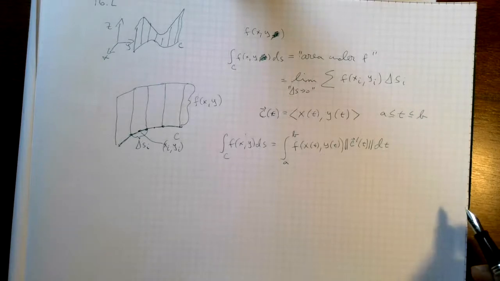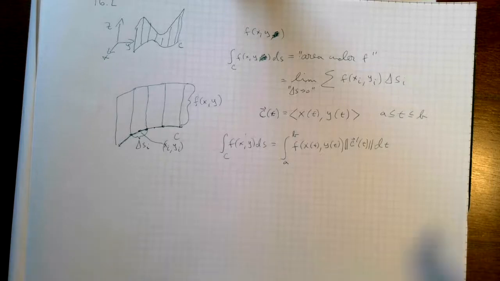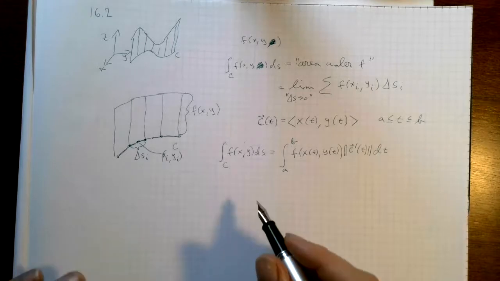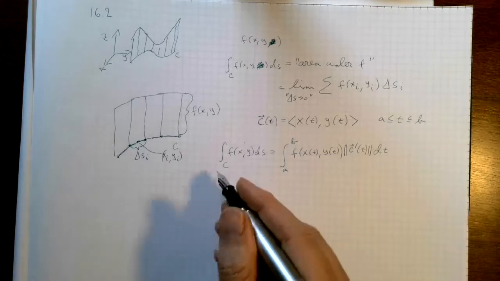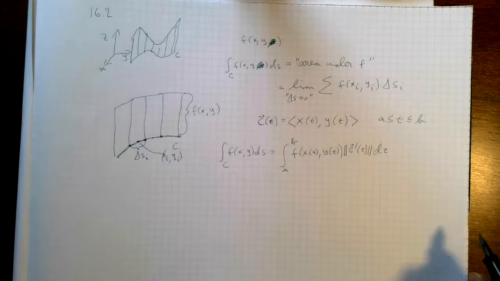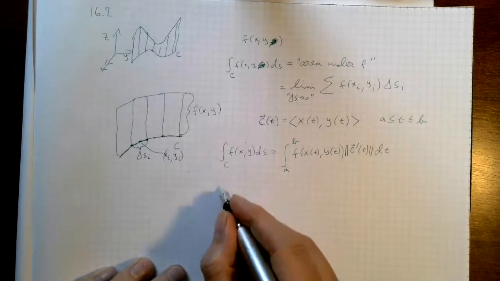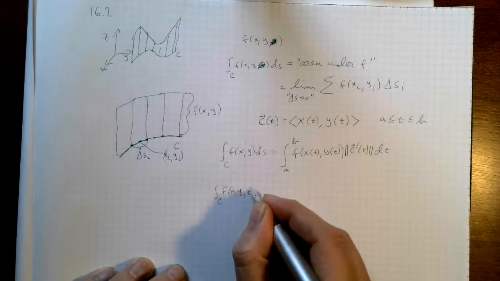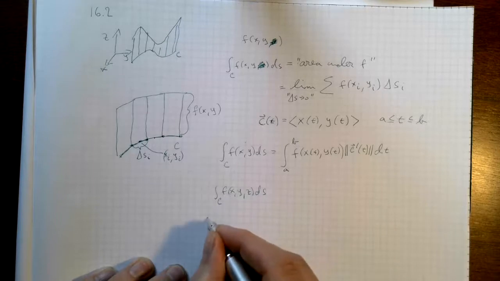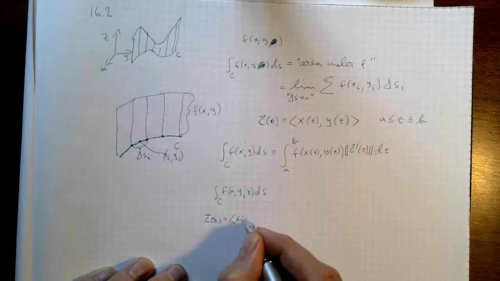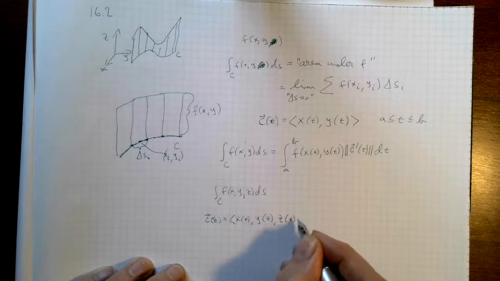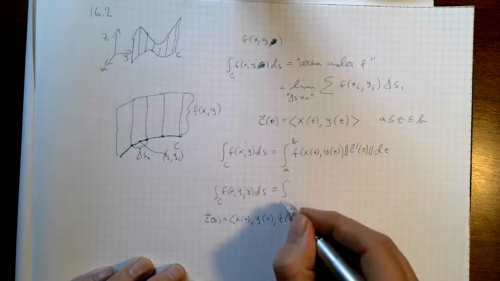Well, let's do some examples. Maybe actually before I do an example, it's the same thing in 3 variables. Let me do a 3 variable example as well. If it is in 3 variables, so the integral of f of x, y, z ds, and now c of t is given by x of t, y of t, z of t, and this is the integral from a to b.